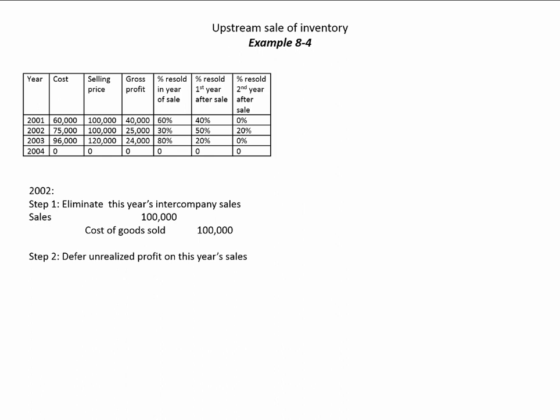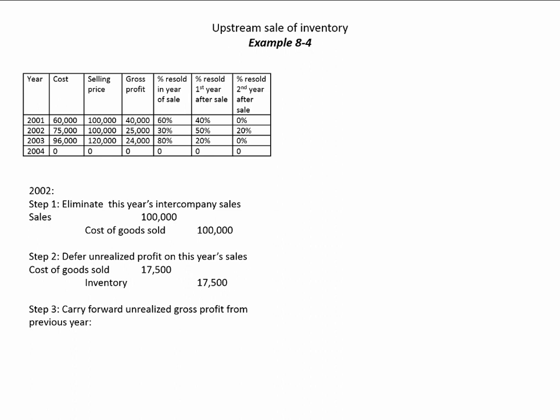The other 70% hasn't been sold yet. That means that 70% of that $25,000 gross profit hasn't been realized and has to be deferred. So we increase cost of goods sold by $17,500, that's 70% of the $25,000 profit, and we reduce our inventory by the same amount.